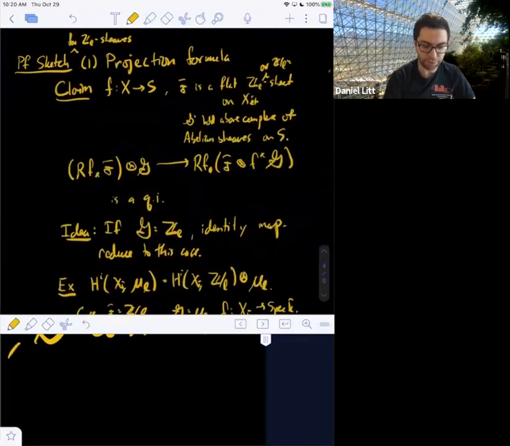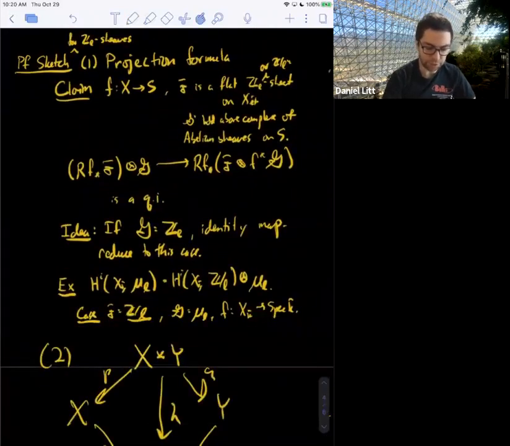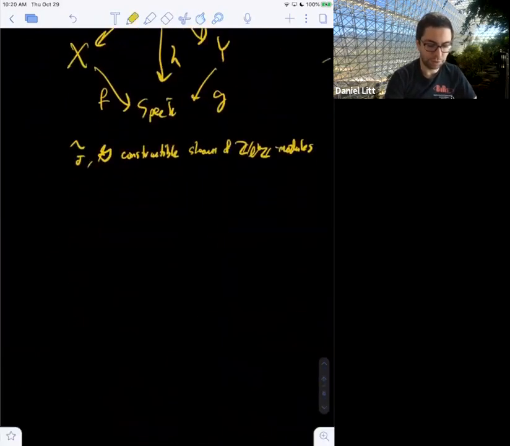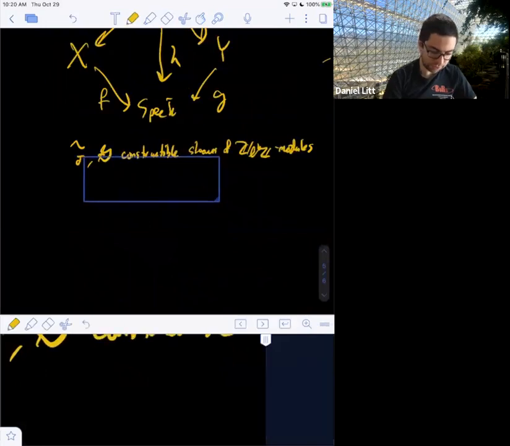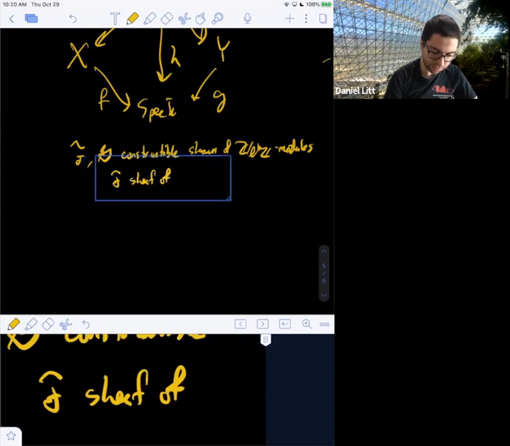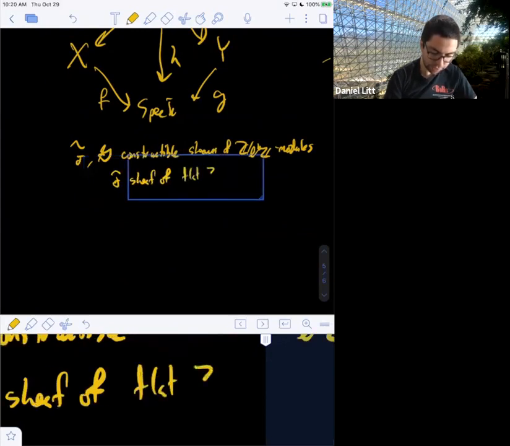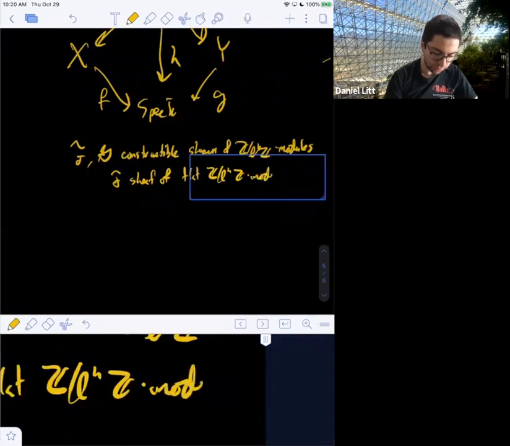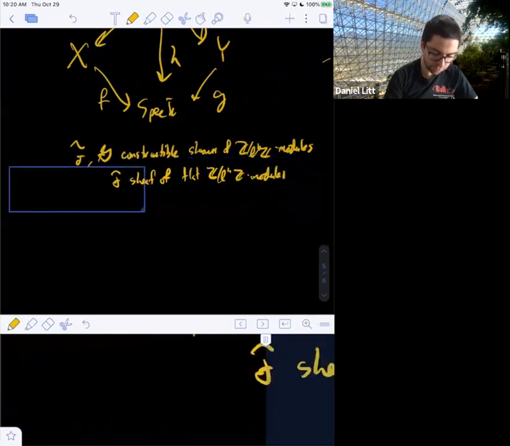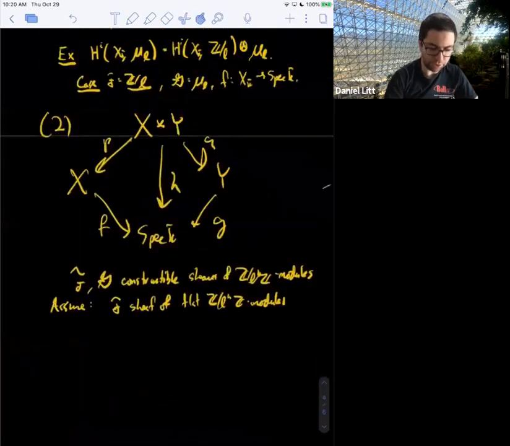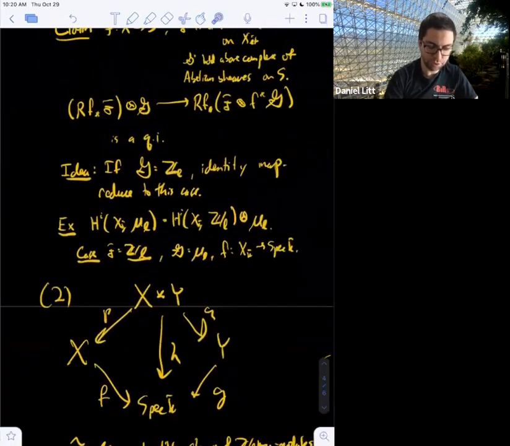You don't actually need that, by the way. If you replace these tensor products with derived tensor products, you don't need flatness. So I'm just going to assume that F is a sheaf of flat Z/L^n Z-modules. This is a simplifying assumption. If you put the derived tensor product here, you can ignore it.